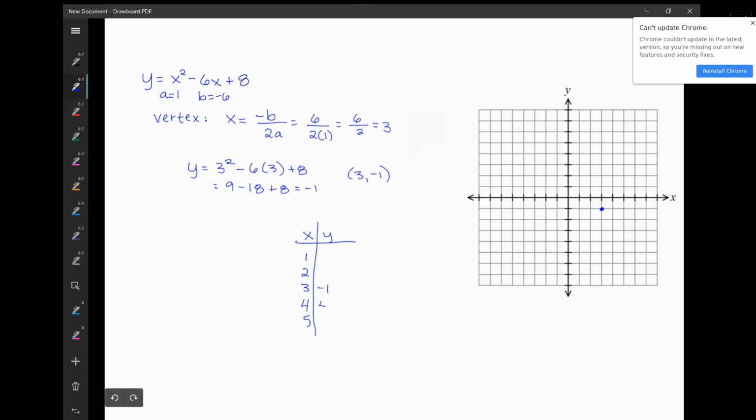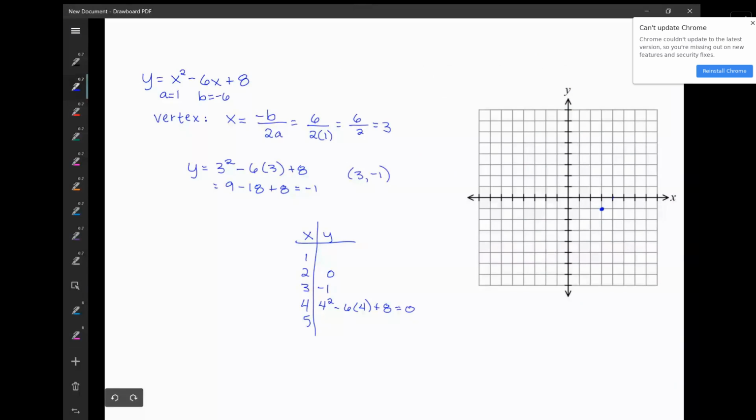So if I plug in 4 for x, 4 squared minus 6 times 4 plus 8, that's 16 minus 24 will be negative 8 plus 8 gives me 0. Well, the cool thing about this is that 2 will also give me a y of 0.